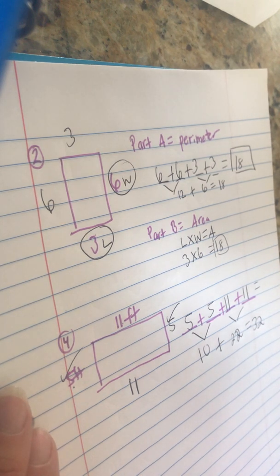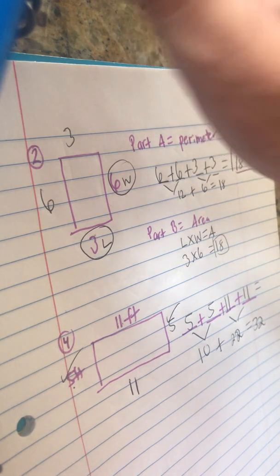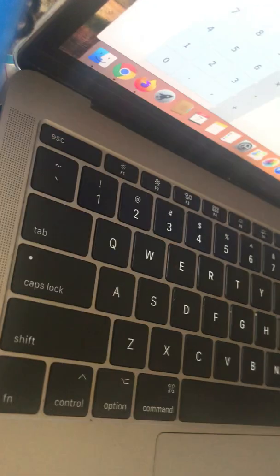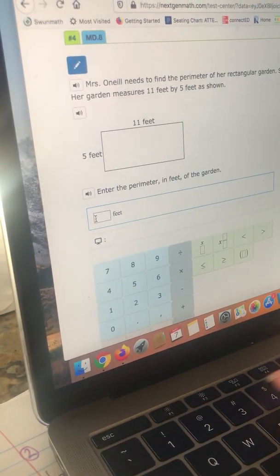Now, boys and girls, I know I'm going quite fast, but at home, I want you to take your time. Remember, you can pause the video as you're writing in your notebook. Okay, now I can go back to my computer and type it. 32.